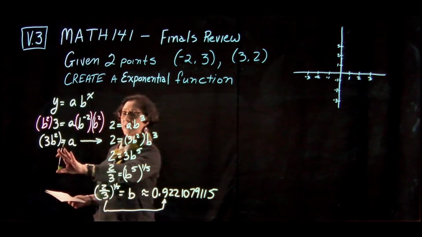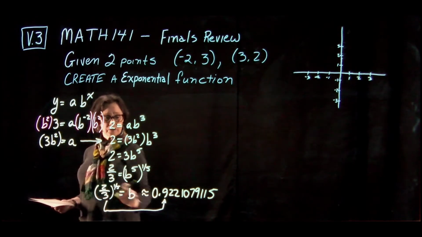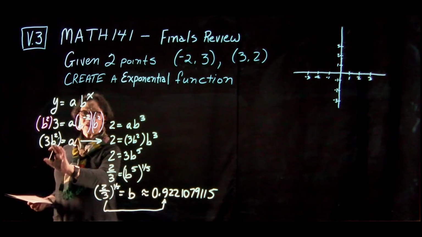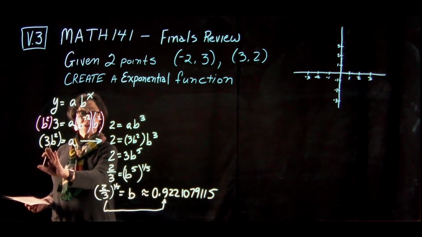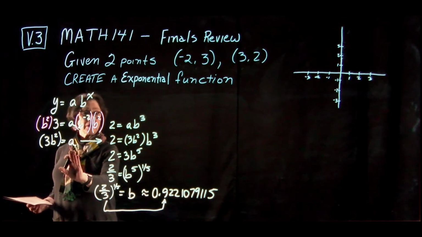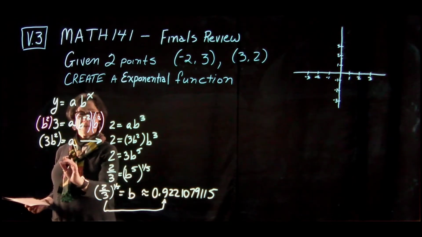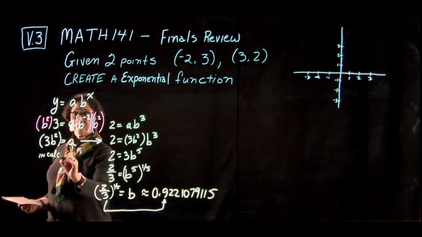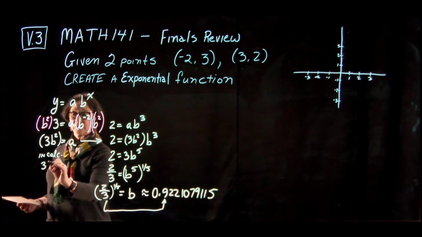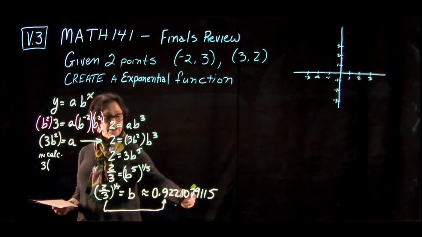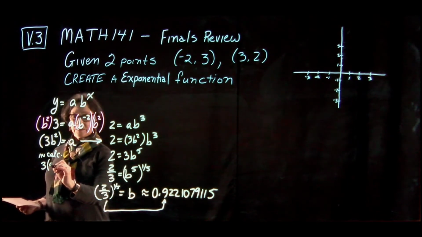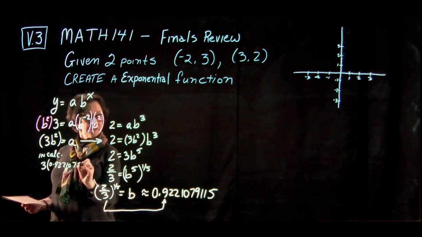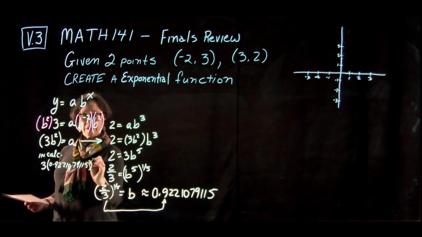I still don't have a value for a. So I'm going to take this b in my calculator, square it, and multiply by 3 to get an approximated value for a. In the calculator, I'm going to do 3 times this number squared, 0.92210791115, the entire thing.